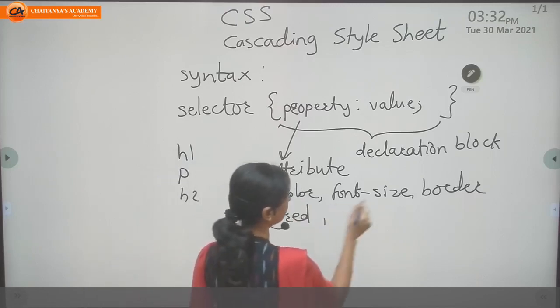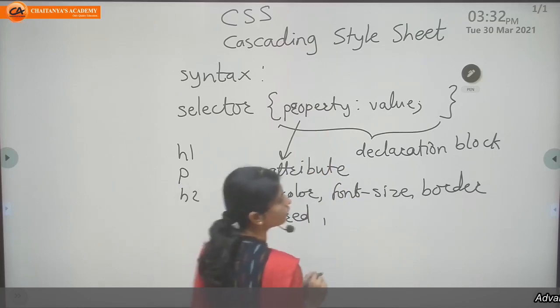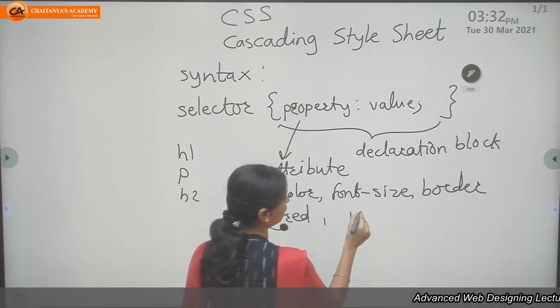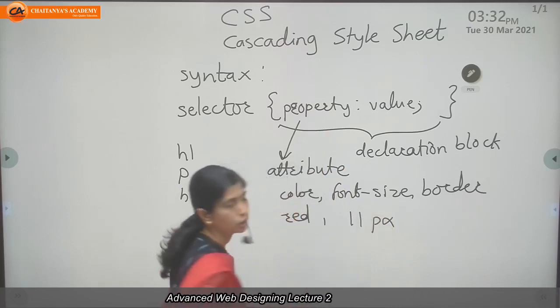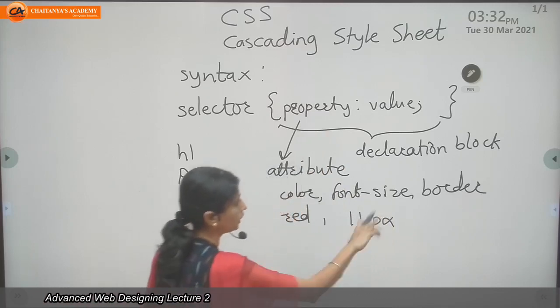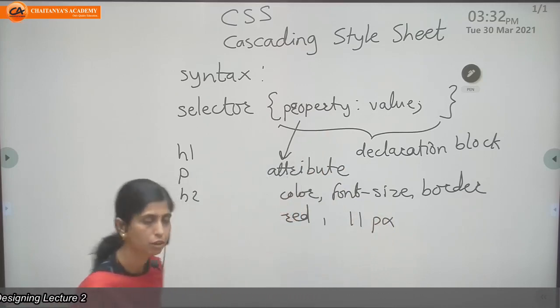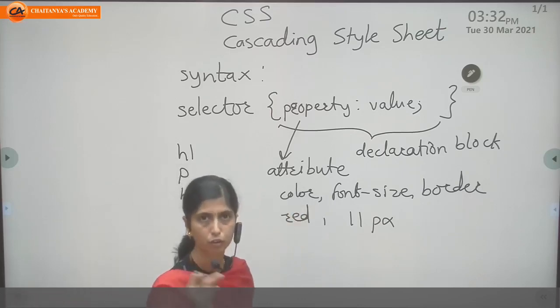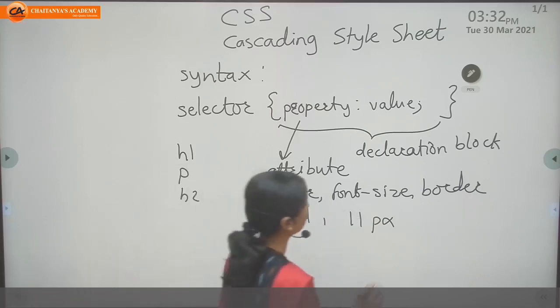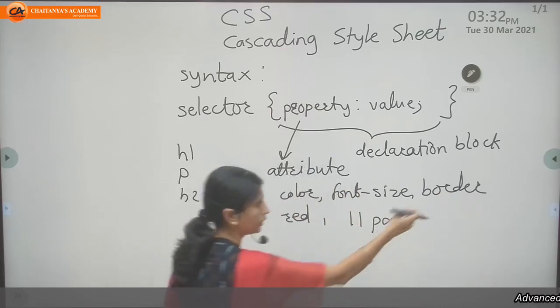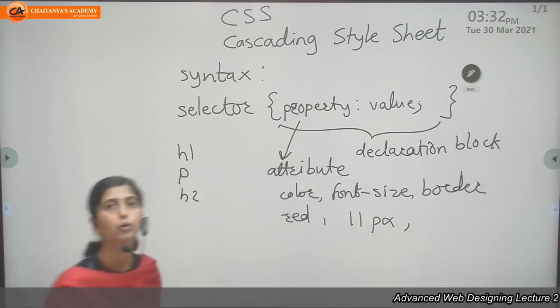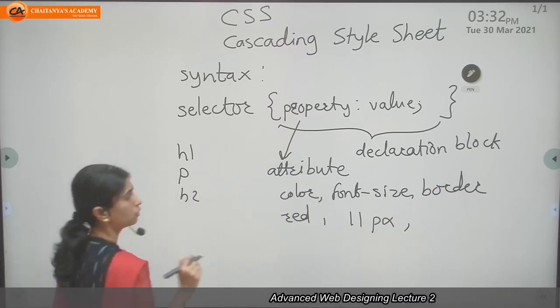If I use font size as a property, then I can use 11, 10, means a number, in pixels. Pixel is the unit. 11 pixel, 20 pixel, 25 pixel, whatever size of the font I want to give, I can use that value here. Border: single, double, dotted, etc. Whatever border value I want to give, I can give there.